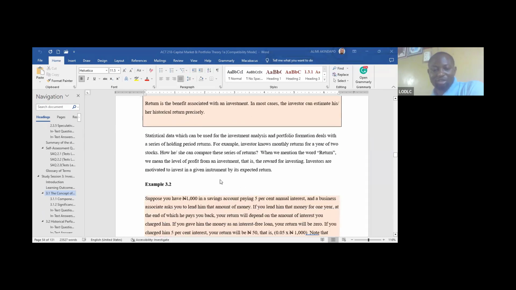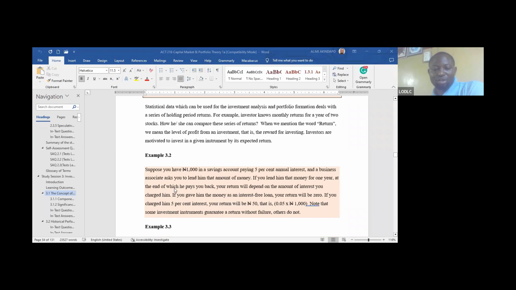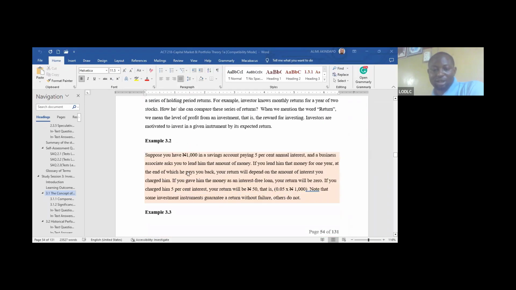So that is that about return. If you look at this example too, suppose you have 1,000 naira in a savings account paying 5% annual interest, and a business associate asks you to lend him that amount of money for 1 year, at the end of which he pays you back.